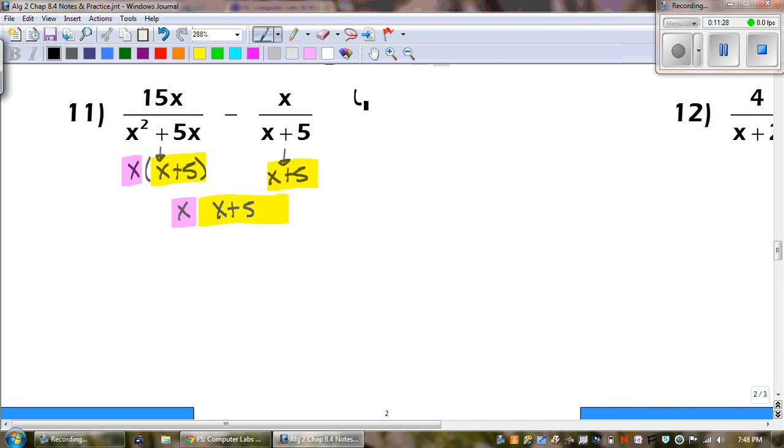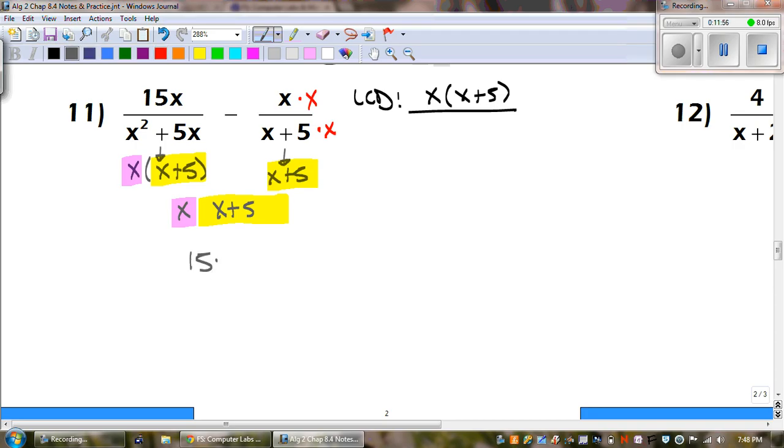So our LCD is x squared plus 5x, or we can just say the x and the x plus 5. Okay? Well, what that means is I have to multiply the right equation by x. I don't have to multiply the left one because it's got everything that we need.